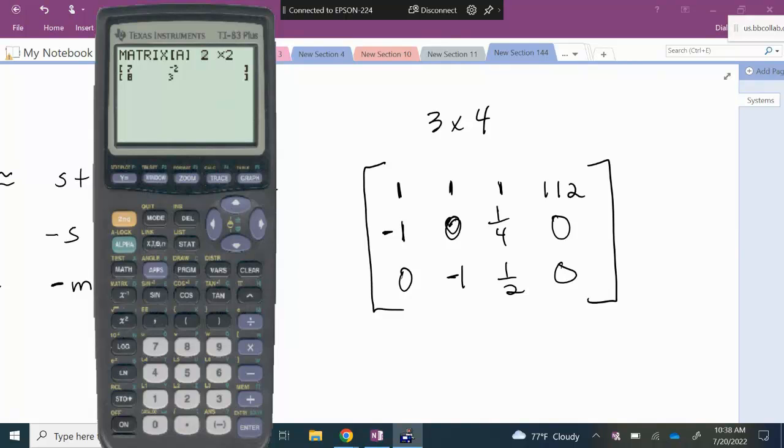I'm going to put in the coefficients. We'll change the dimensions to 3x4. Just remember, you want to hit enter after every entry. So we have 1, 1, 1, 112.